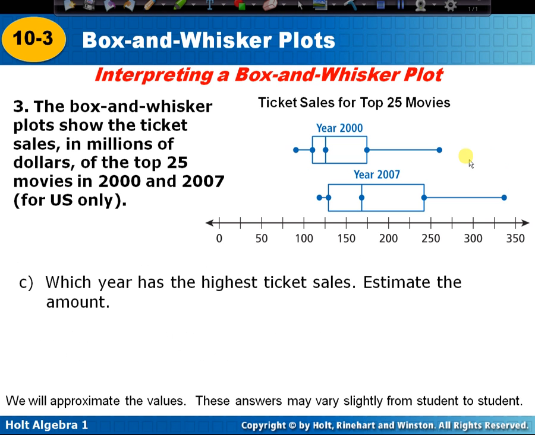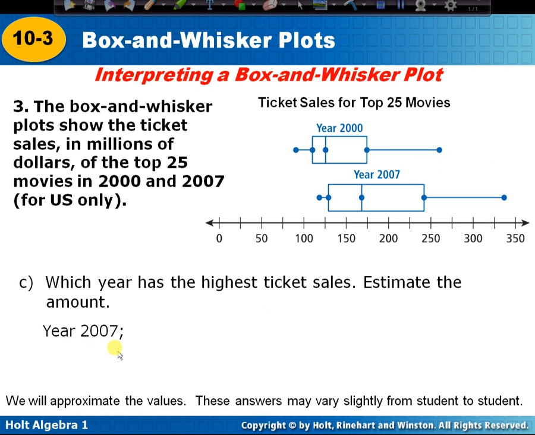All right, on number 3C it says, which year has the highest ticket sales, and estimate the amount. So we're going to look at the maximum, which would be our highest ticket sale. Right here, this one comes down here, and this one's way up here. So year 2007 has a much higher maximum than year 2000.